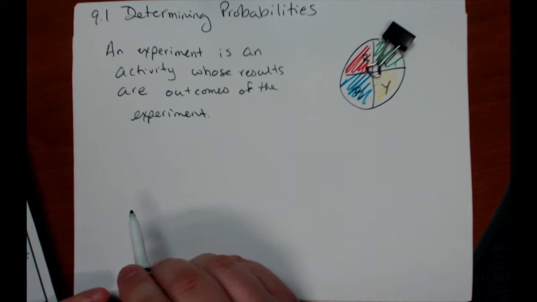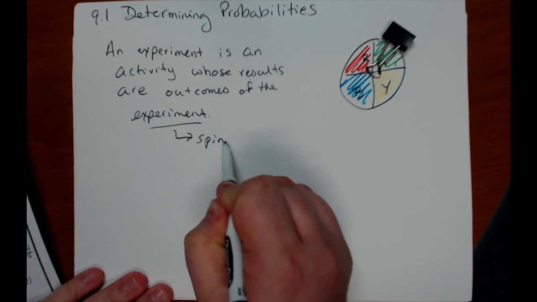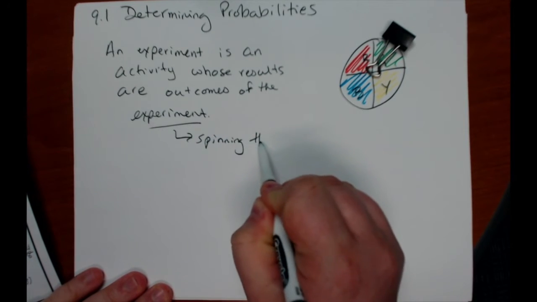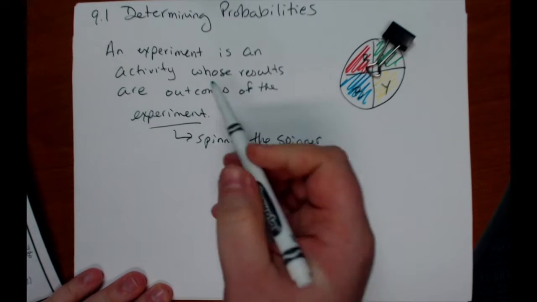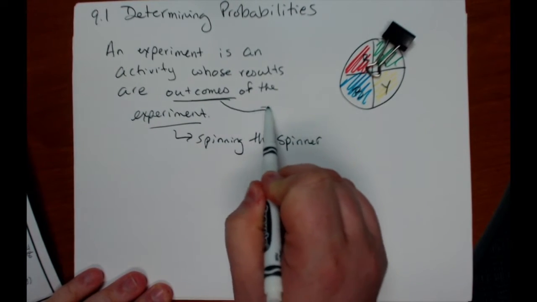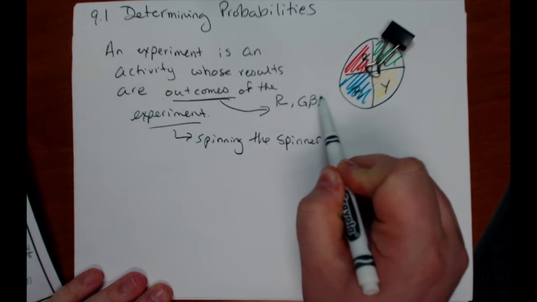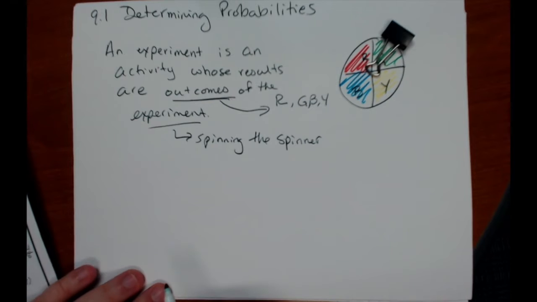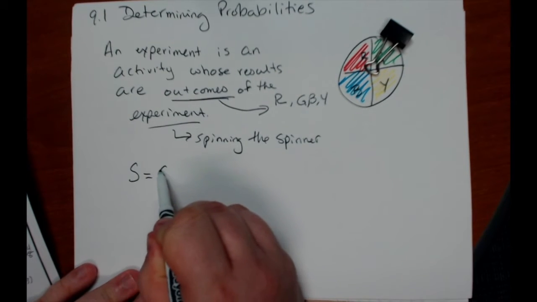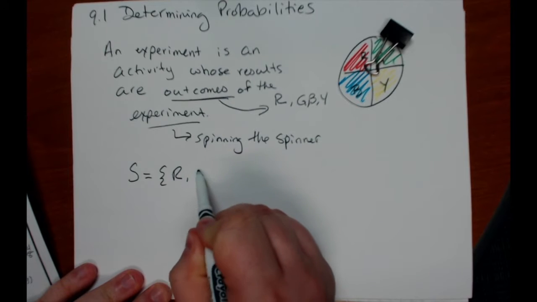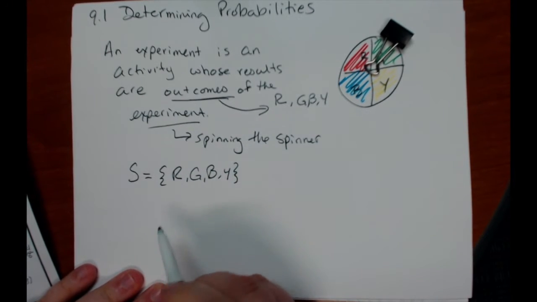So our experiment in this case is spinning the spinner. And the outcomes are either red, green, blue, or yellow. And so we have a fancy name for this set of possible outcomes, R, G, B, and Y of this spinner.